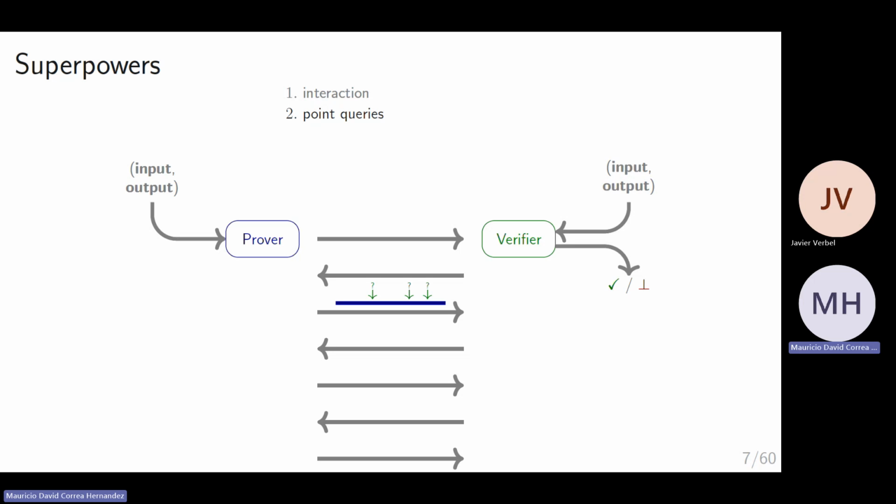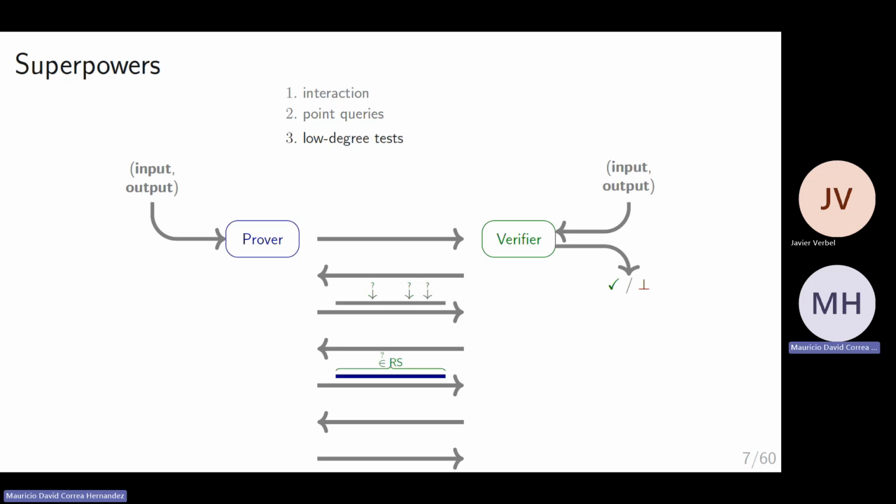This is the IOP model, where IOP stands for interactive oracle proof. So this blue string that I drew here, that's the oracle, and the verifier is reading it in a select few points. And so it's easy to see why this is a superpower, because if the verifier were to read everything, it would take him very long. But we're designing the metric such that we only capture the number of elements from this vector that are being read.